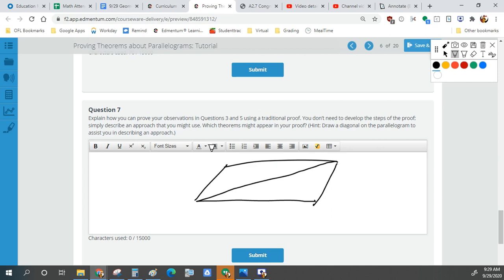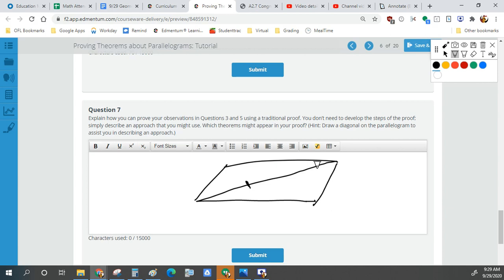And because it's a parallelogram, we know, okay, how can you prove the observations in 3 and 4 using a traditional proof? You don't need to develop a proof, simply describe your steps. So what we would do is we would measure the angles, and by measuring the angles, we can use the reflexive property to say this.